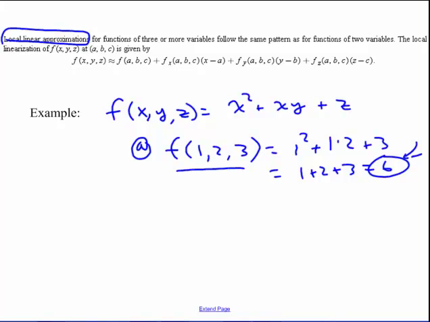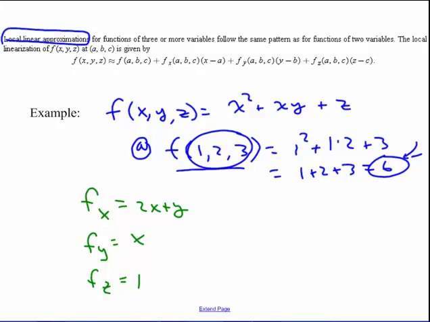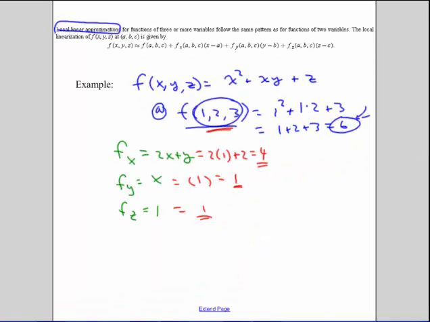And then I need to find all of the partials. So f partial x is going to be 2x plus y, and fy is going to be x, and fz equals 1. So plugging in my points, I'm going to get 2 times 1 plus 2 equals 4, and 1, and 1. So now that I have all that, I can get a linear approximation with 3 independent variables, which is going to equal 6.